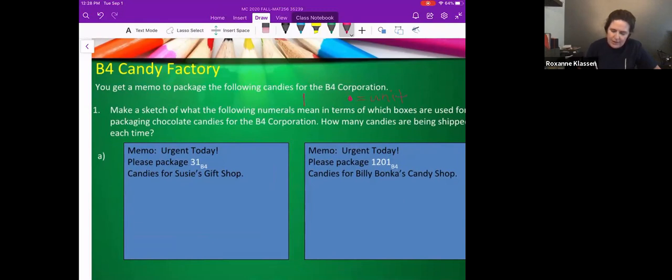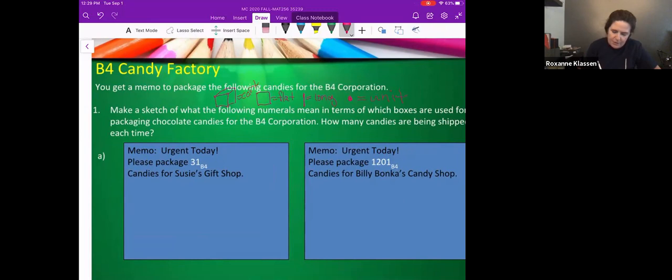You can use a line for the longs. You can use a square for the flat. And then if you need a carton, it would look like this, okay?